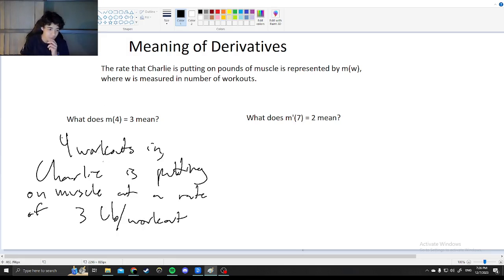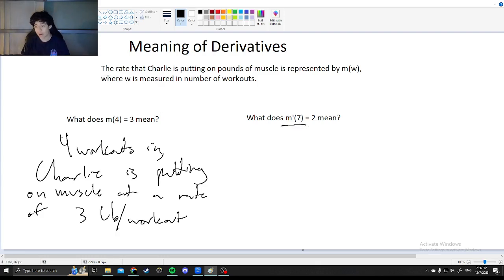Absolute beast. 3 pounds of muscle per workout. But the point is, it's the rate here. It's not that 4 workouts in, I have 3 more pounds of muscle. It's 4 workouts in, the rate that muscle is getting put on is 3 pounds per workout.